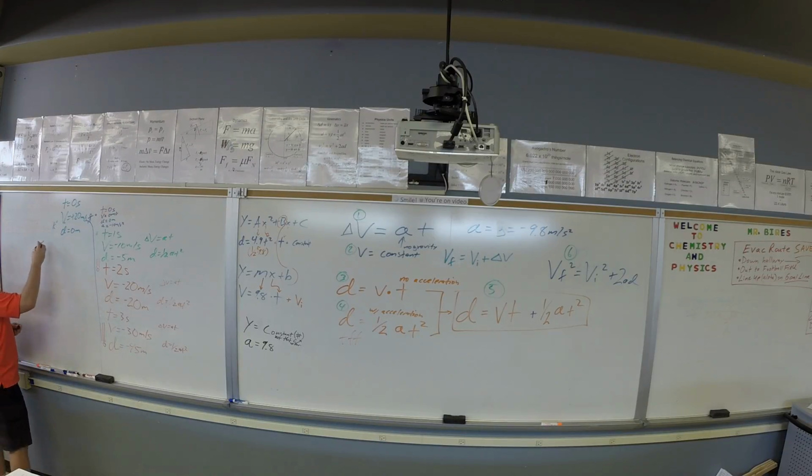At t equals 1 second, where did the ball go, up or down? It went up. Now here's where things get interesting. At time equals 1 second, our velocity, v1, v at 1 second, is what?